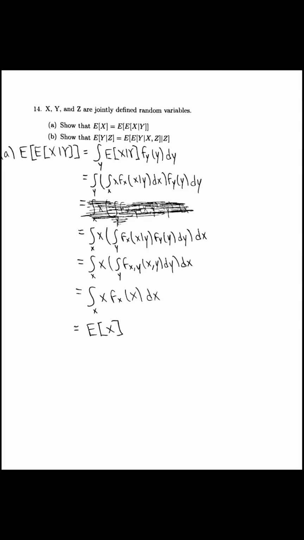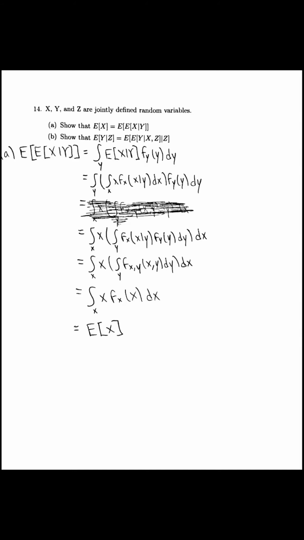Sorry, I made a slight mistake there, but next we're going to want to use the principle that all integrals are finite, and we can now rearrange this to start with integrating over x, with x times integrating over all y, for the marginal of x conditioned on y times the marginal of y, dy, and then dx on the outside.